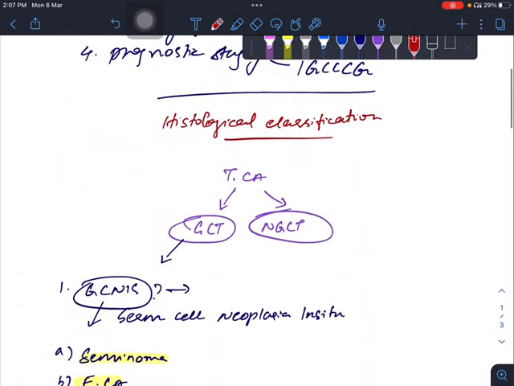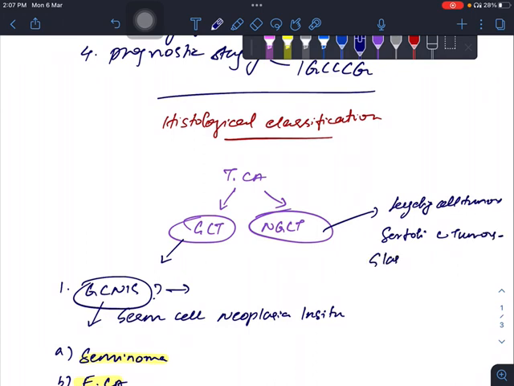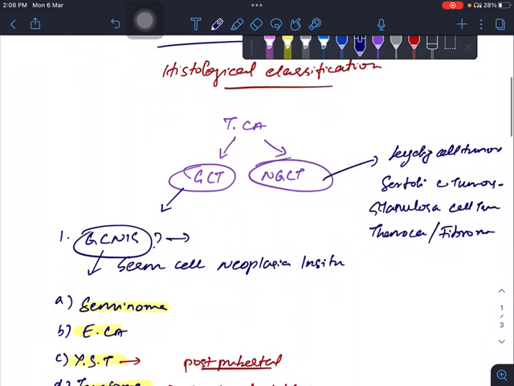Then coming to the non-germ cell tumors, these are the Leydig cell tumors, Sertoli cell tumors, granulosa cell tumors, thecoma, fibroma, and then comes the mixed and unclassified type.